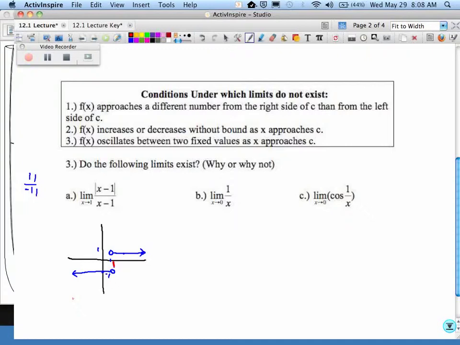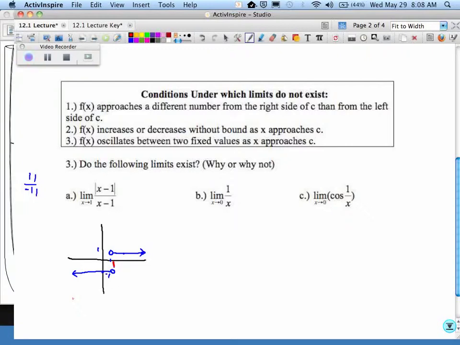So if we trace the outputs from both sides, would the arrows be coming together? Do my fingertips come together? No, they're in two different locations. You get a different number from the right side of c than the left side. So this would not satisfy condition number 1 here. This is rule number 1.